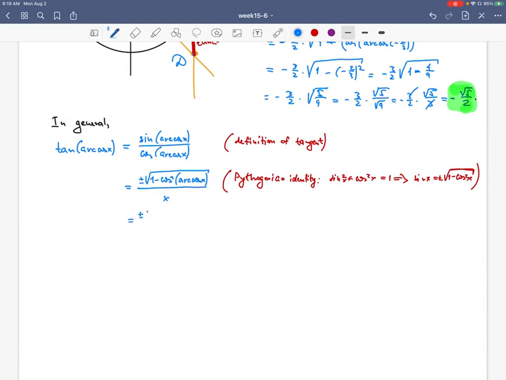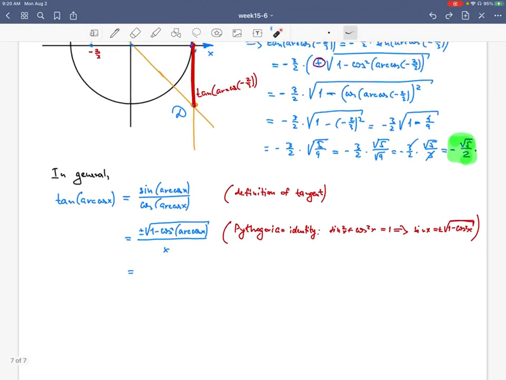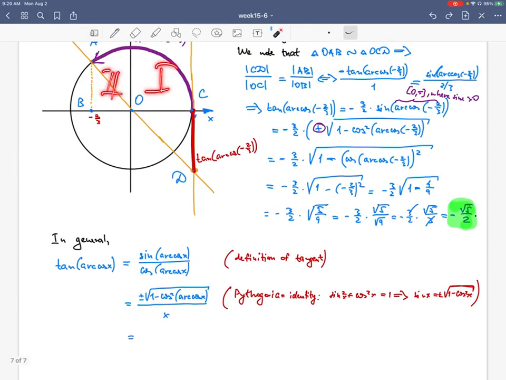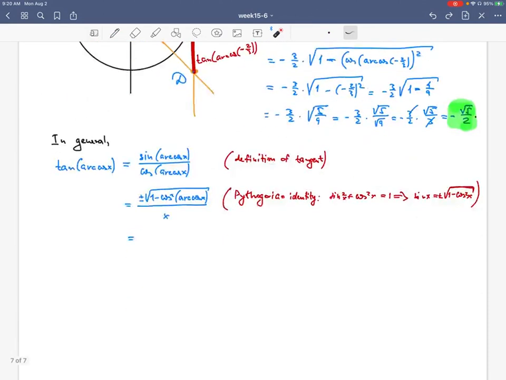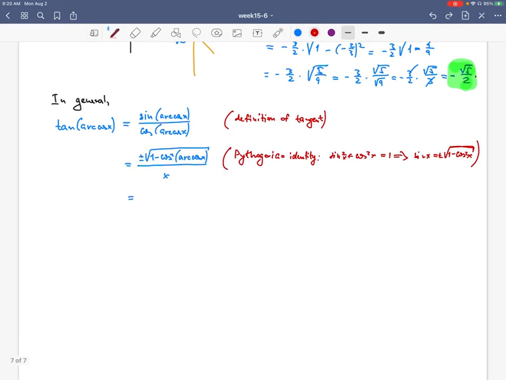Now, because arc cosine is always between 0 and pi, so we're in quadrant 1 or quadrant 2, either way sine is positive, so we take the positive sign.